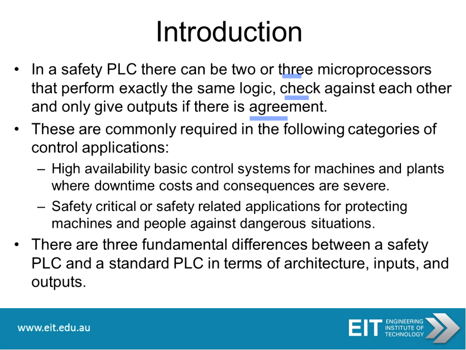So these are commonly required in the following categories of control applications: high availability basic control systems for machines and plants, where downtime cost and consequences are severe; and safety critical or safety related applications for protecting machines and people against dangerous situations. And there are 3 fundamental differences between the safety PLC and the standard PLC in terms of architecture, inputs, and outputs.